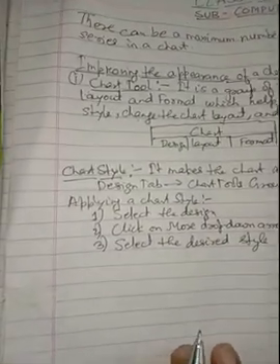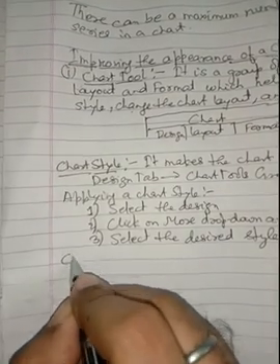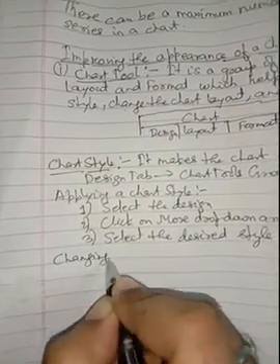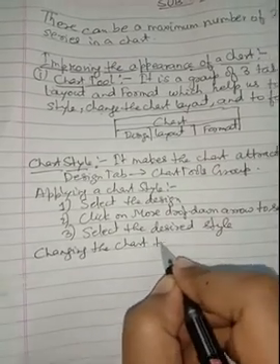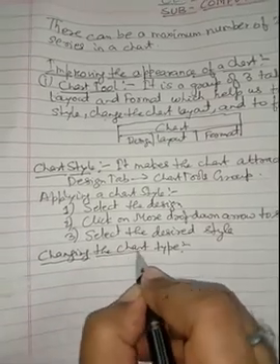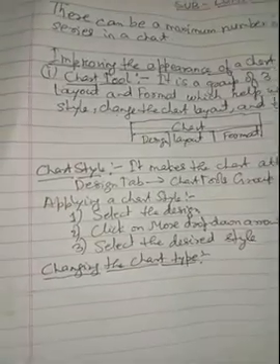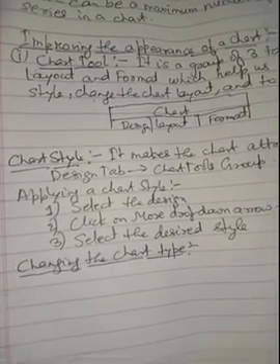Now the next topic that we are going to discuss is changing the chart type. Before explaining changing the chart type, how many types of chart have we studied till now?